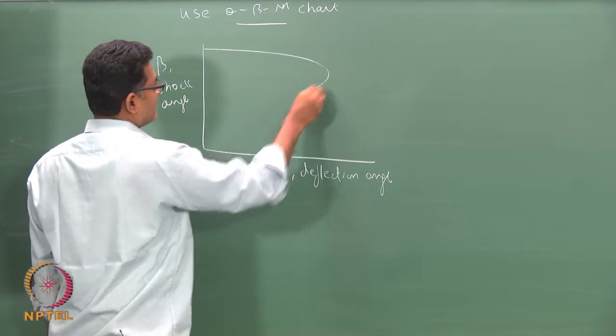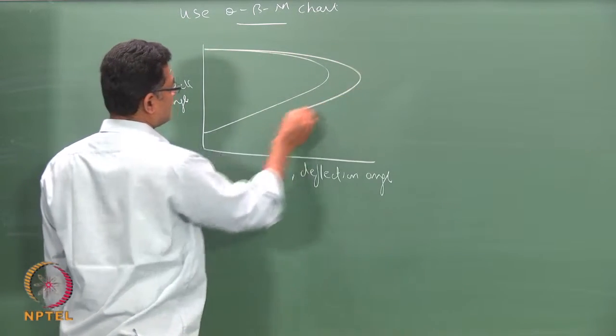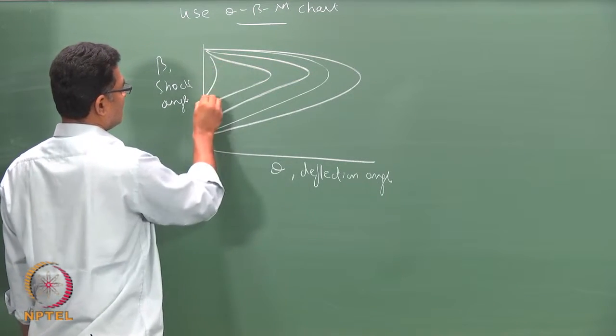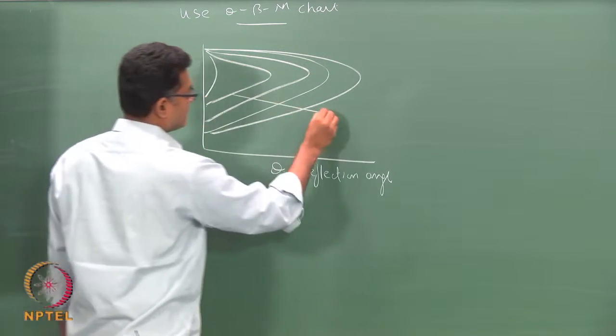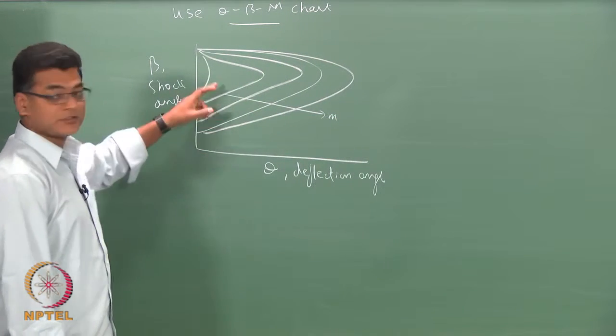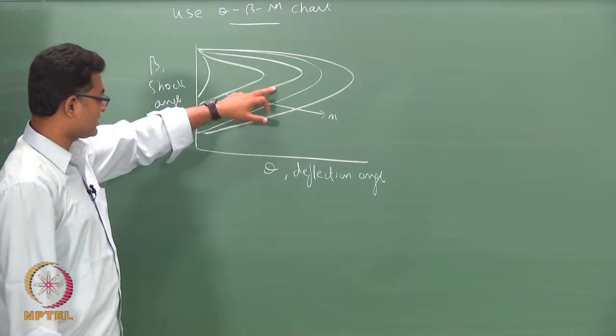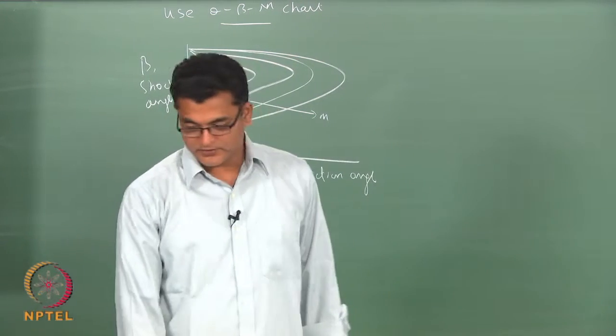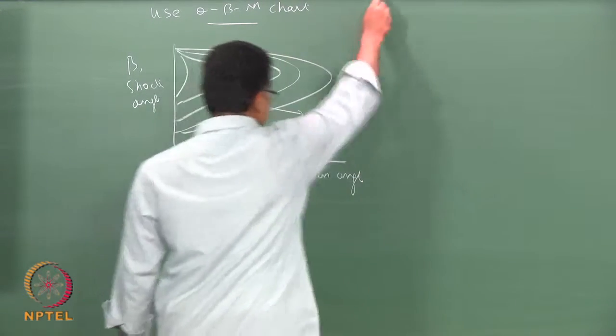What is plotted here is for various Mach numbers, increasing Mach number, and we will use this to compute, for a given Mach number, what is the beta and theta if one of them is not known.